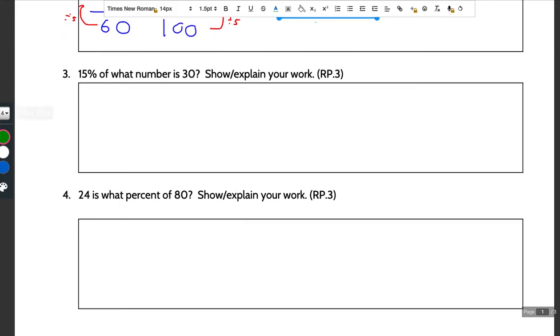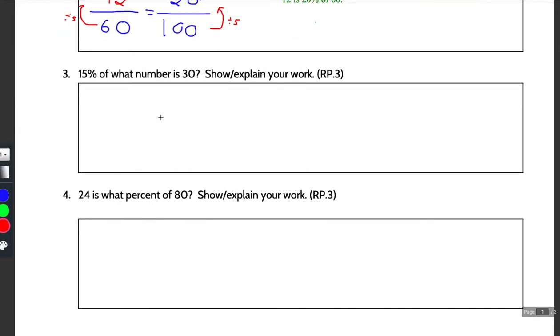Okay, so this one is: 15 of what number is 30? Set up a proportion. I have my percent, 15%, so that would go up here. And it says "of what number," so it's not "of" some number. What we're missing is right here. And then 30 is the part.